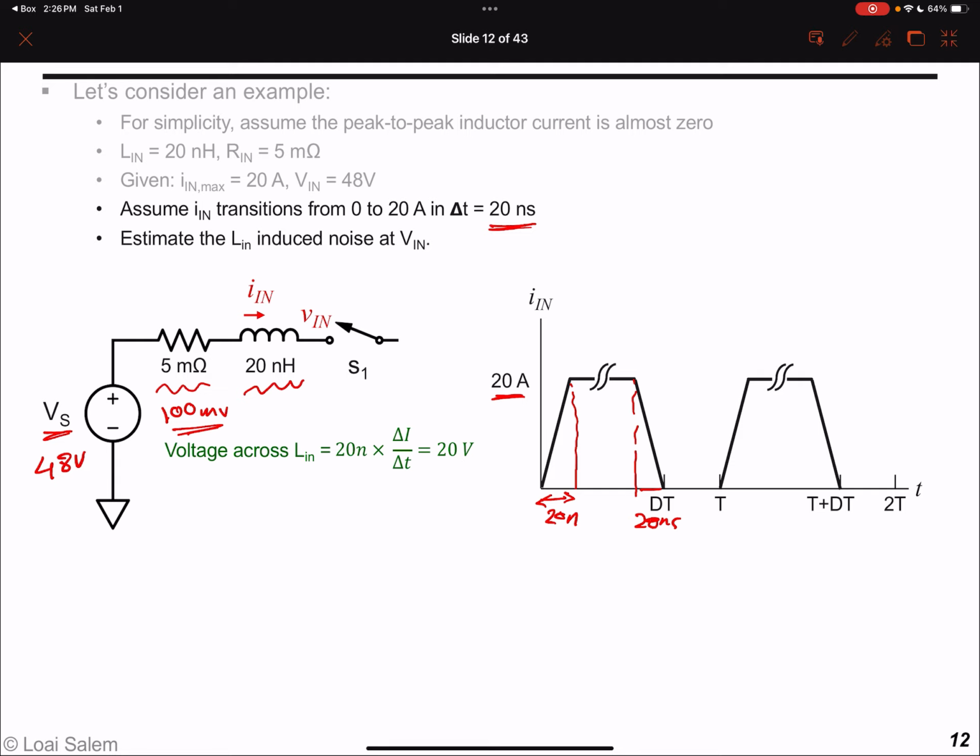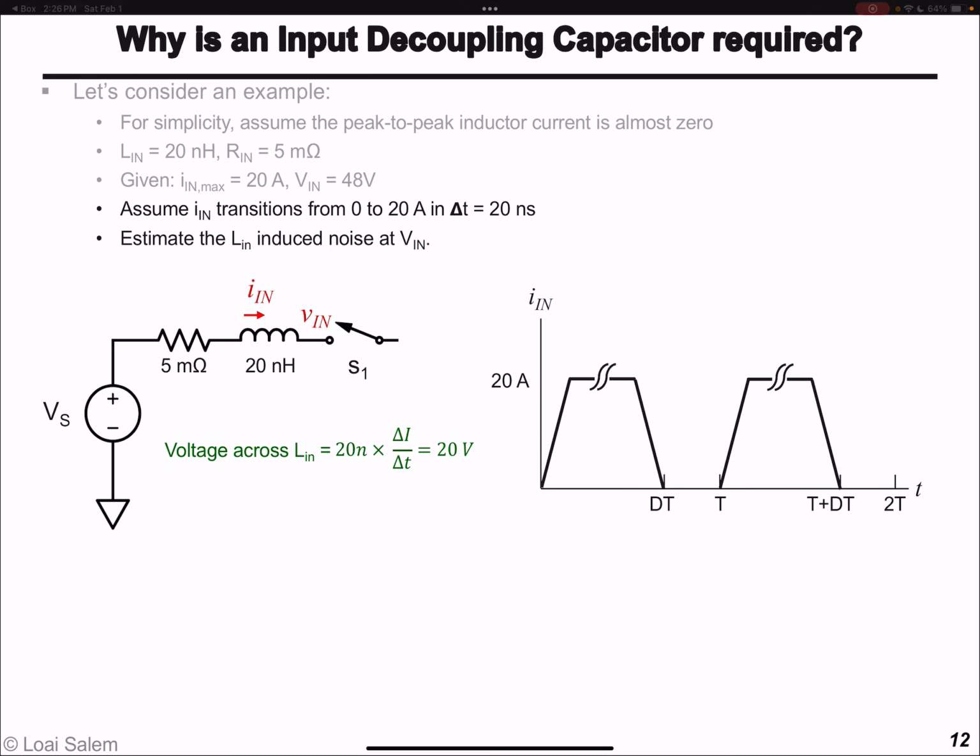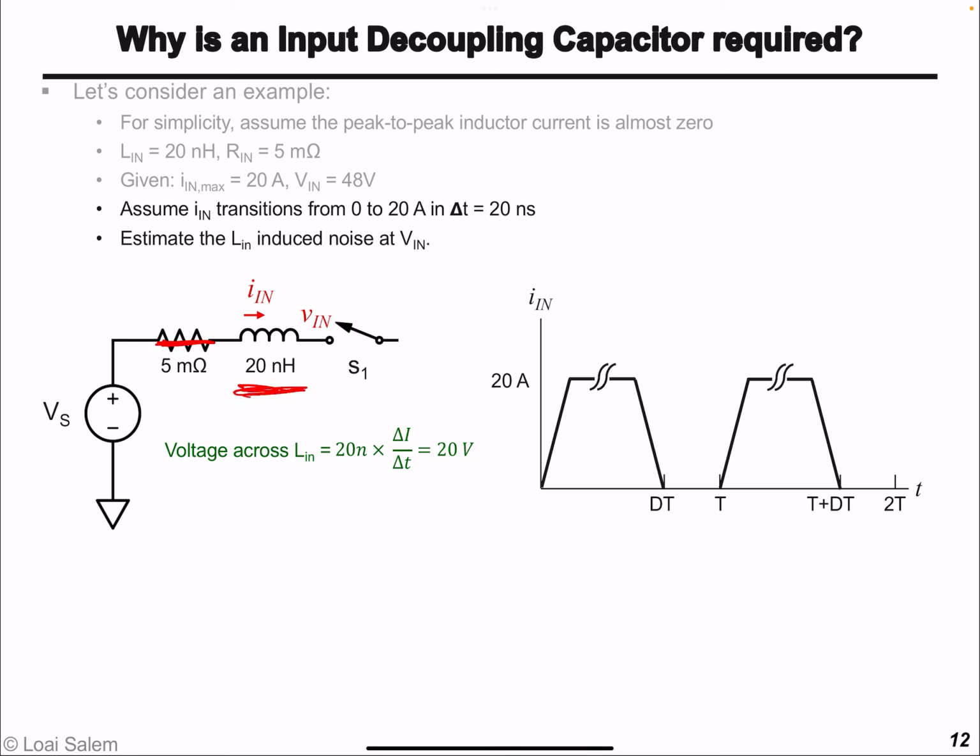Now, let's ignore the effect of the 5 milliohm for now. Let's focus on the voltage that will be generated across the 20 nanohenry. As I mentioned, it takes 20 nanoseconds for the input current to move from 0 up to 20.